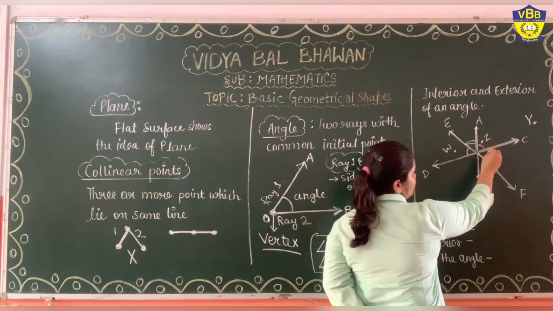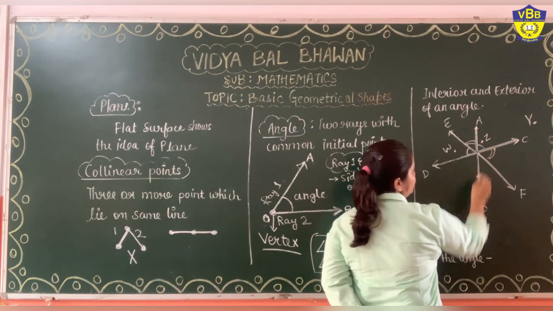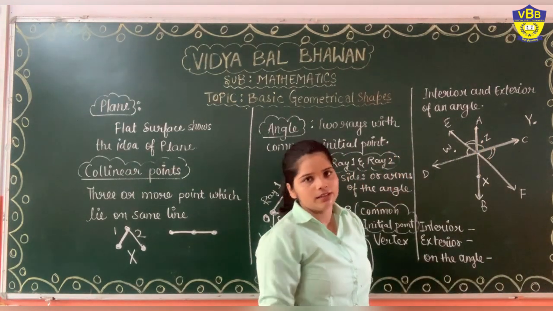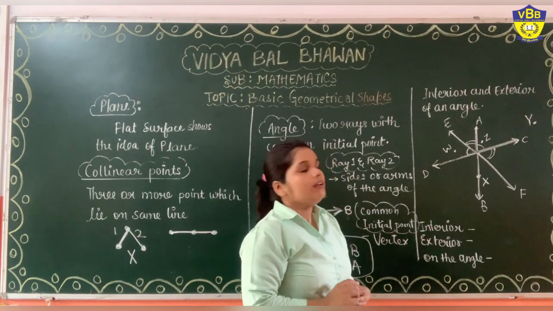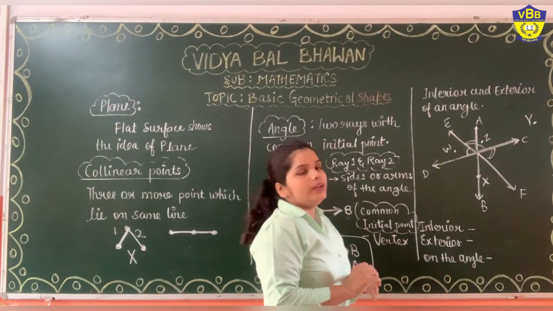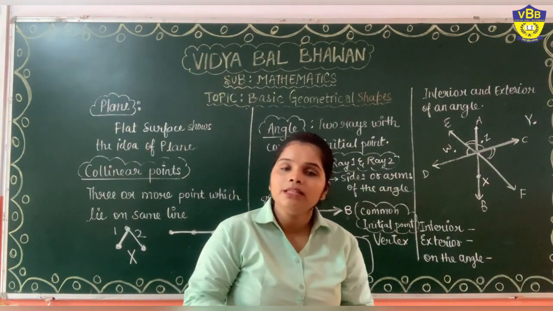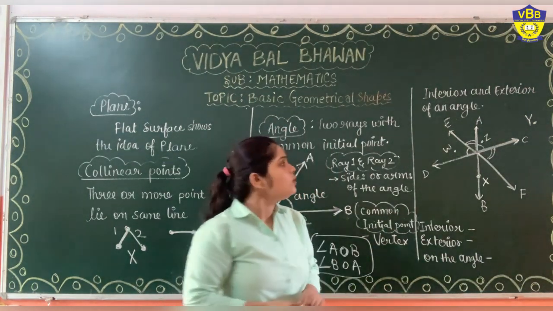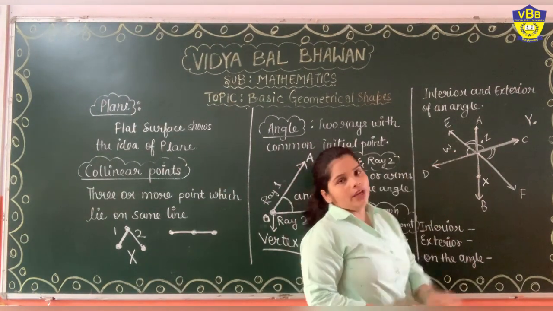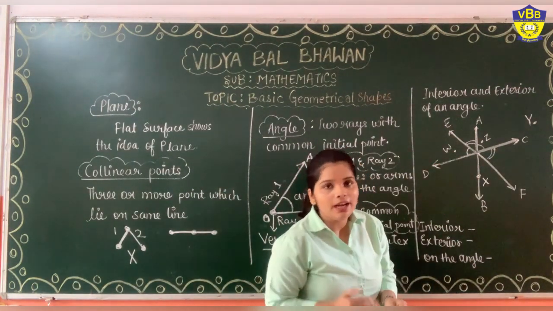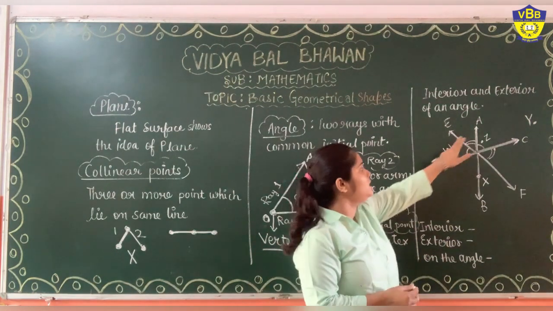Here it is also an angle. This one is an angle. We have lots of angles here. Interior means inside, exterior means outside. So what are the points written inside, or interior, of these angles?